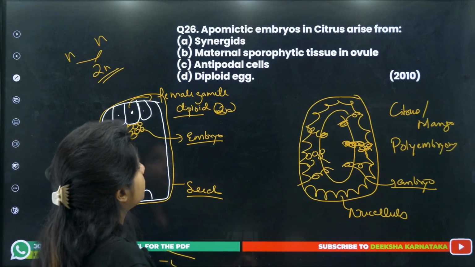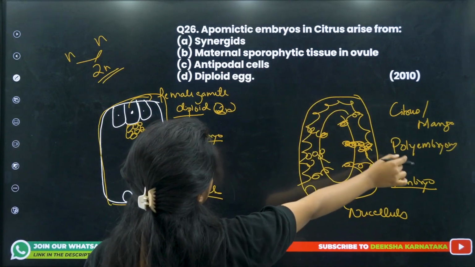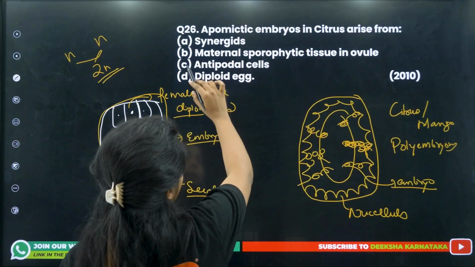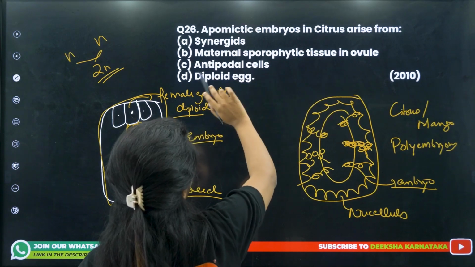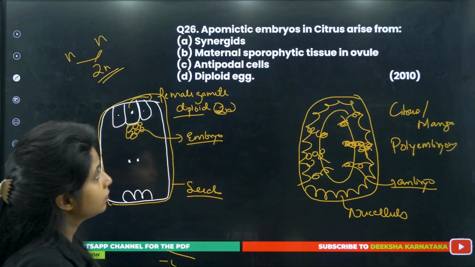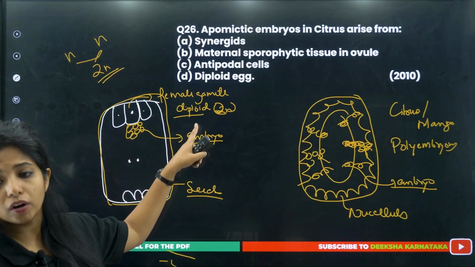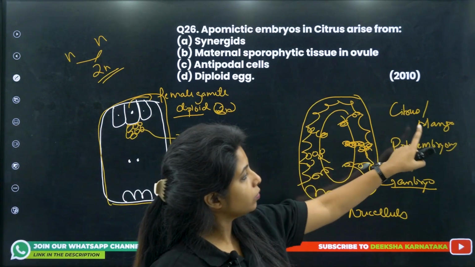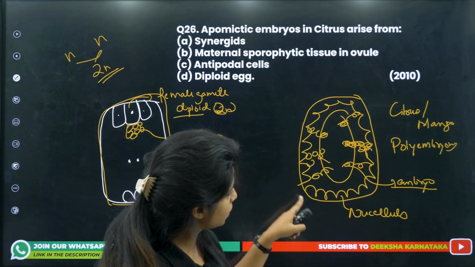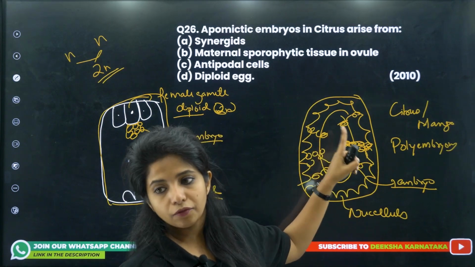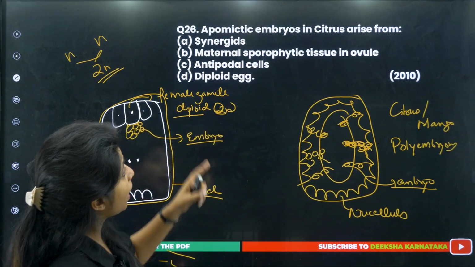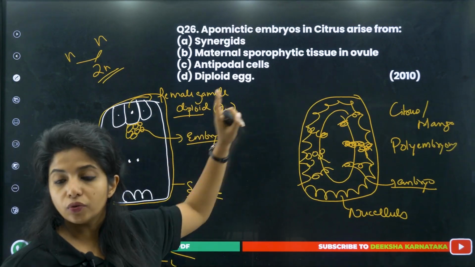Okay, now you tell me, apomictic embryos in citrus arise from: synergids, maternal sporophytic tissue in the ovule, antipodal cells, diploid egg. Diploid egg, that is there, but it is not for citrus fruit. For citrus and mango, this is the type where the cells of the nucellus are getting inside and forming all this. Okay, so maternal sporophytic tissue in the ovule, that is the answer.